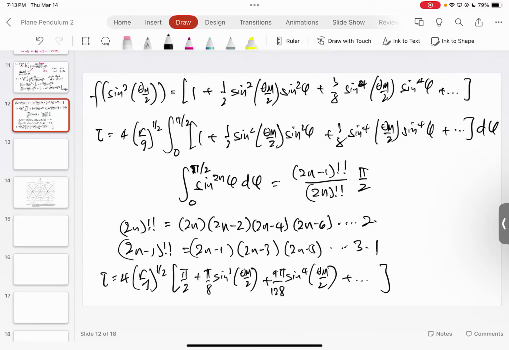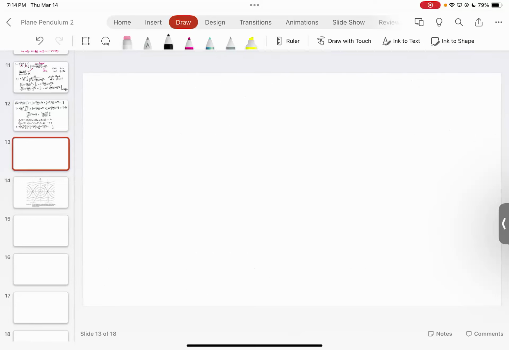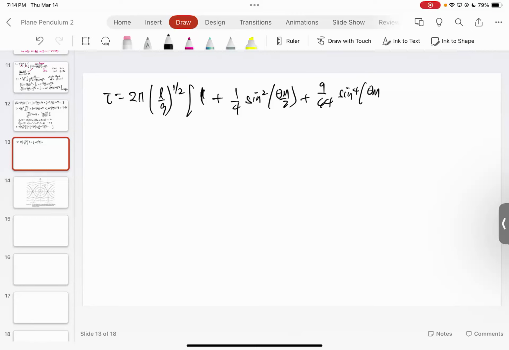So if we factor out the pi over 2, we end up with 2 pi square root of, the r I'll make L, over 1/2, then 1 plus 1/4 sine squared theta sub m over 2 plus 9 over 64 sine to the 4th theta sub m over 2, and so on.